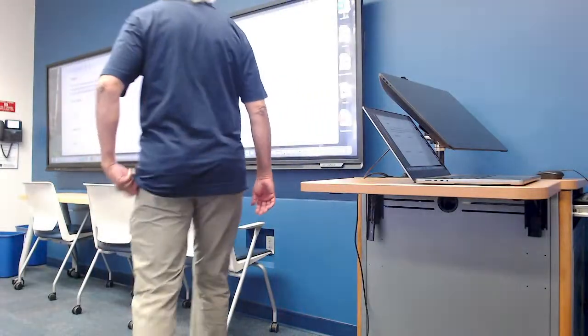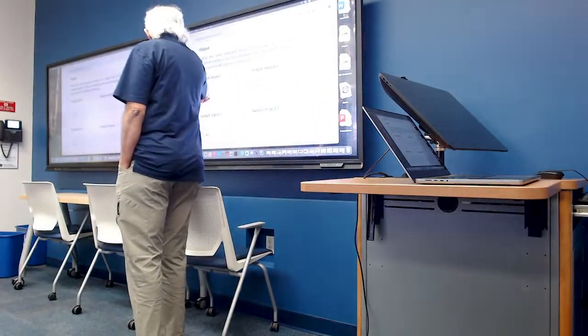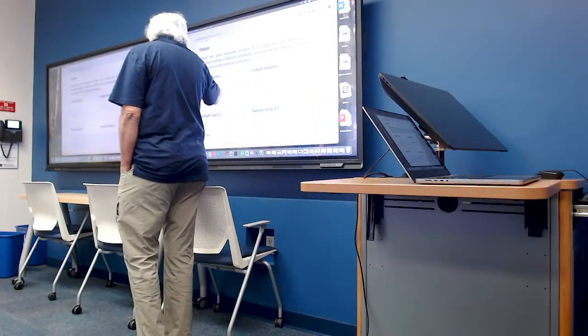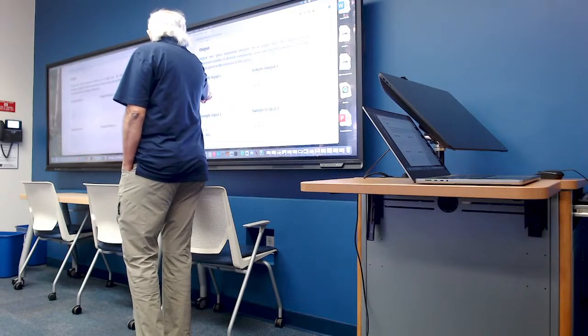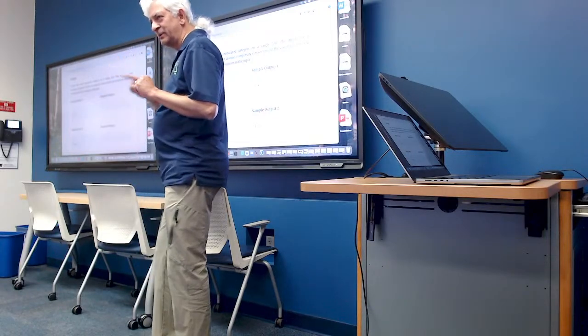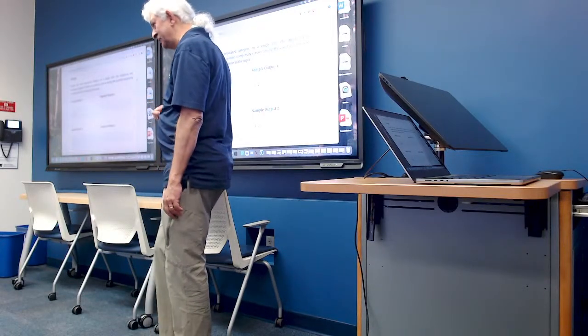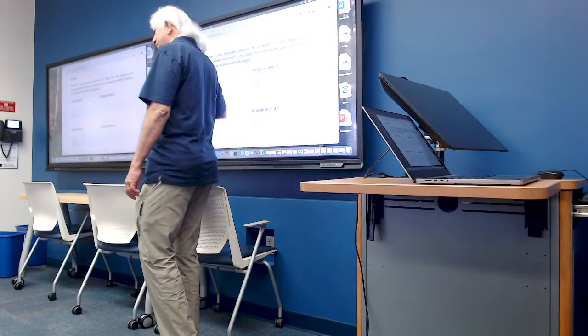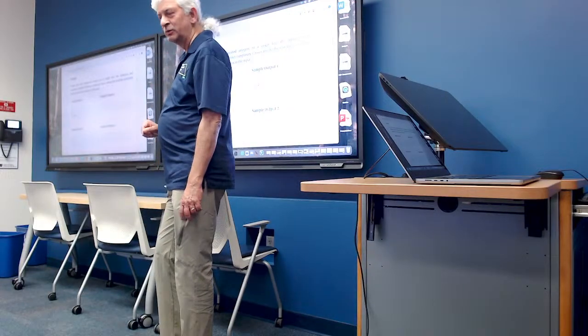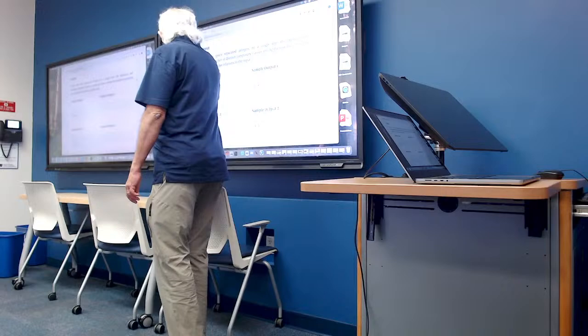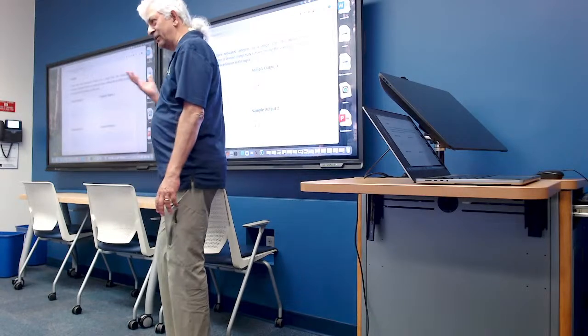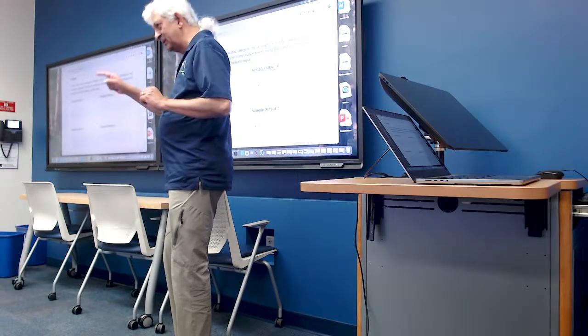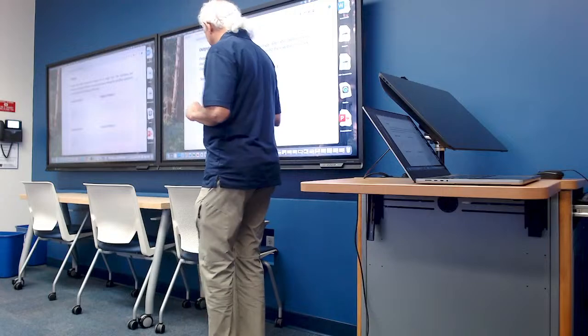This one says there's one relationship of the type subset or equals, and it says P is a subset of or equal to NP, and there are no relationships of the type subset but not equal to.